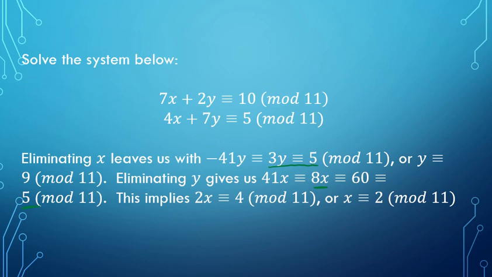So 24x, which is congruent to 2x mod 11, is congruent to 15, but 15 mod 11 is 4. So I have 2x is congruent to 4 mod 11, or x is congruent to 2. So there is our solution. Y is congruent to 9, and x is congruent to 2. So that is our unique solution.